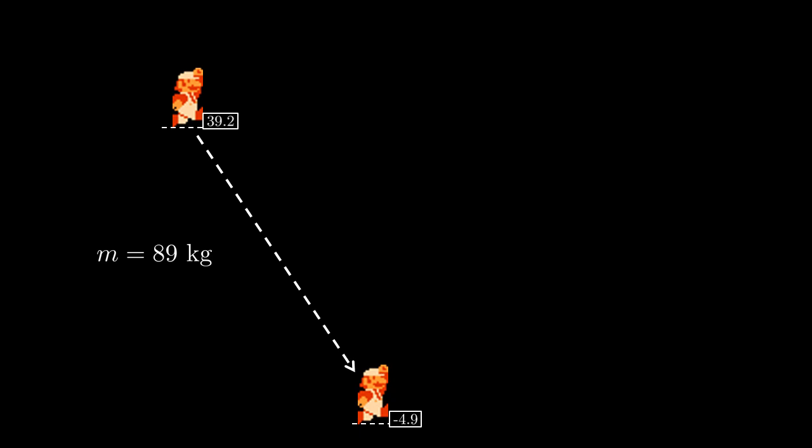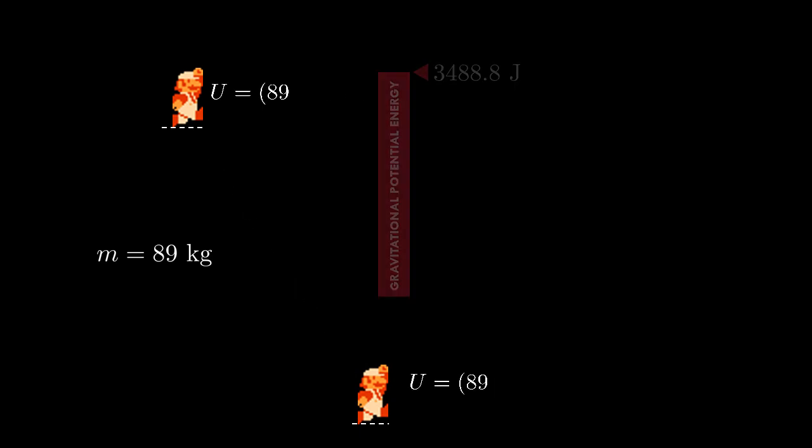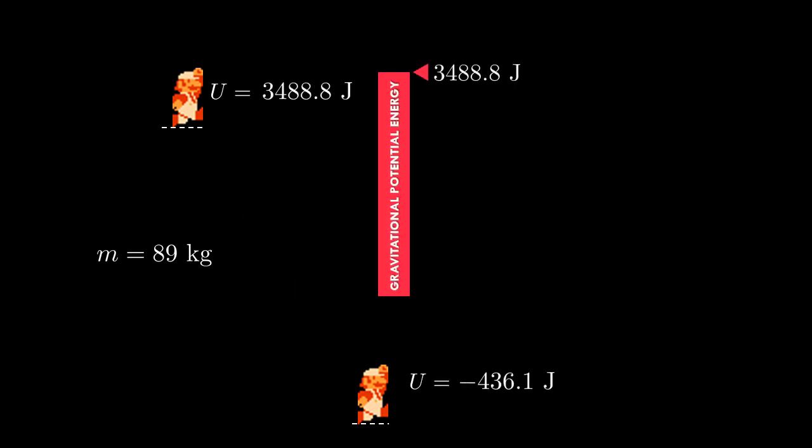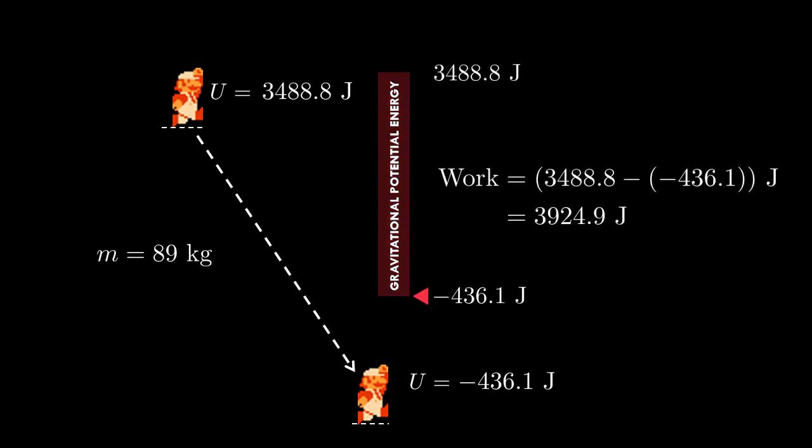Given Mario weighs 89 kg, his potential energy at the starting point will be 89 times 39.2 joules, and at the lower end it would be 89 times negative 4.9 joules, which just equals 3488.8 joules and negative 436.1 joules respectively. And by jumping, Mario would have done 3924.9 joules of work.